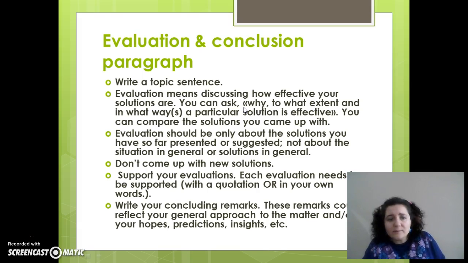This could be the starting point to start your evaluation and conclusion paragraph. And in the conclusion part, you will write your concluding remarks, and these remarks should reflect your general approach to the matter, what you think about this, and how you would like to close. What are your hopes, predictions, and insights?